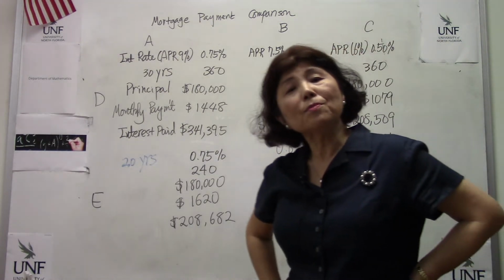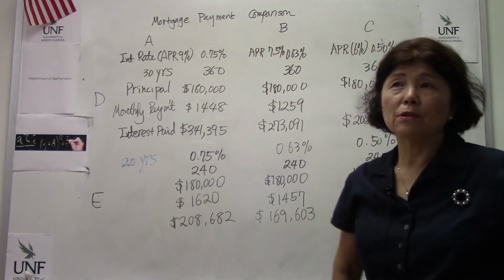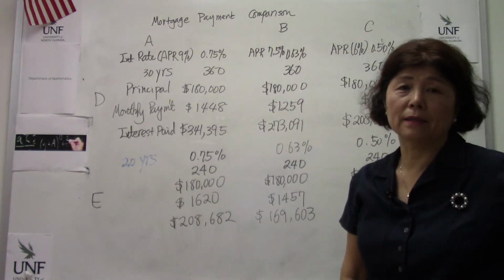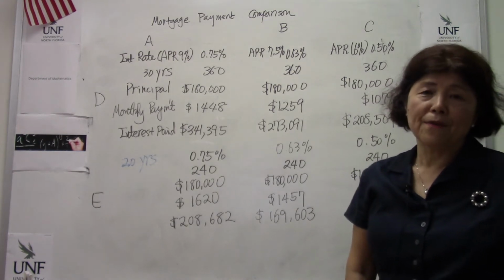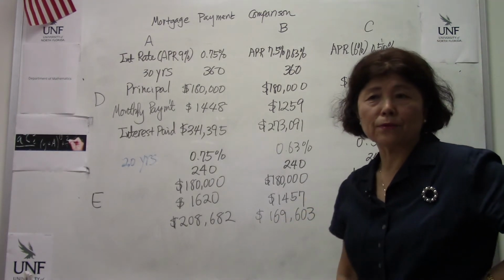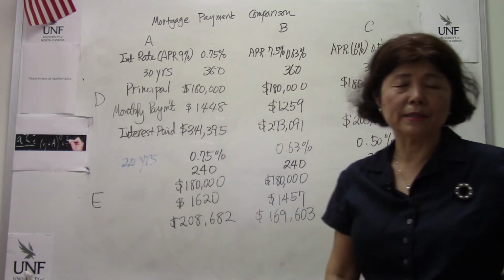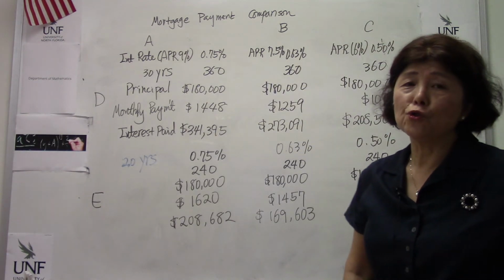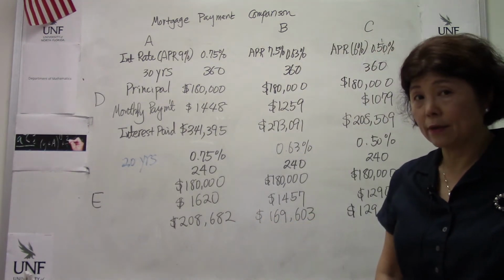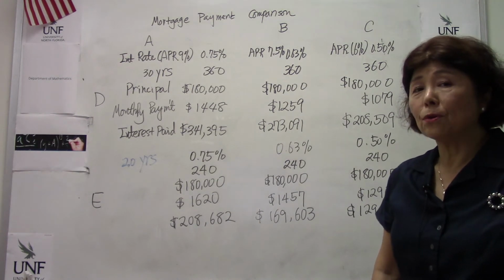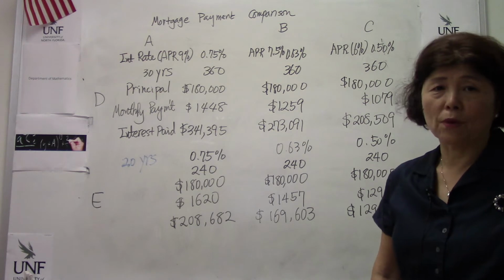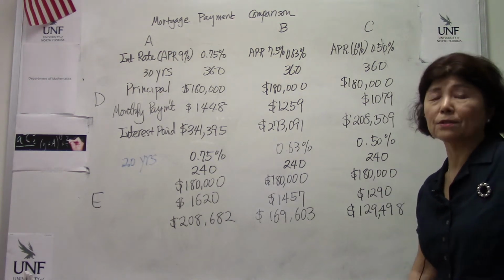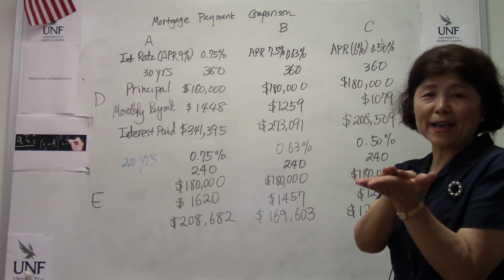On the other hand, this is a lower rate. So what determines the interest rate? Number one is your luck. In other words, right now the Feds have decreased the interest rate to almost 0%, so that means the banks can loan you money at a lower rate. Right now, if you go to the bank, you can probably get like 5% or 4.5%. So the first one is time.